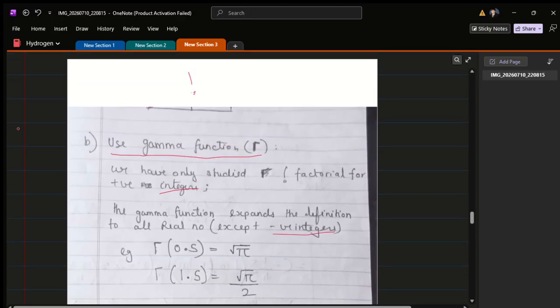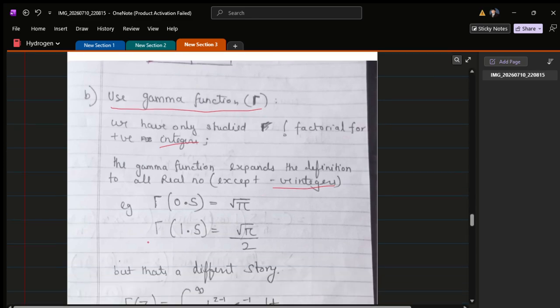Minus 1 factorial, minus 2 factorial don't exist, but minus 1.5 factorial does exist. So gamma 0.5, I'm just going to give you an example, is root pi, which sounds bizarre. How do you arrange half objects? The number of ways you can arrange half objects is root pi.